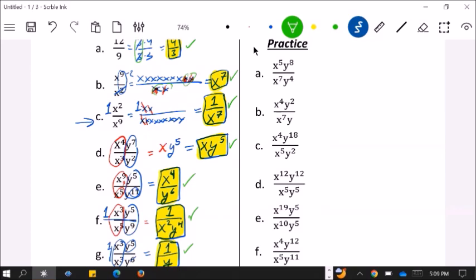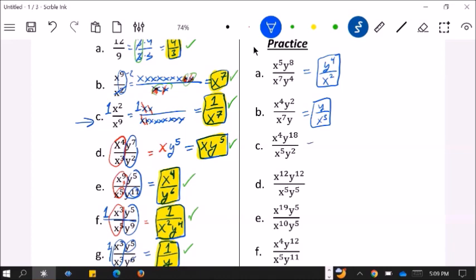All right, welcome back. Now let me write down the answers for each one of these. So if you've gotten them correct, then you will know it. And if you have them wrong, you can look back at them and think about how I figured out that particular one. b equals y over x to the 3rd power.